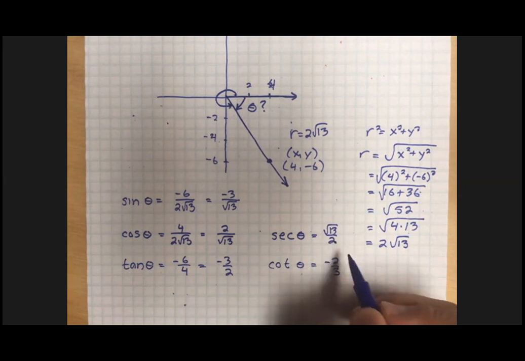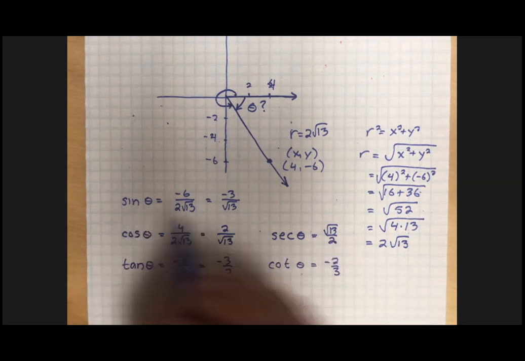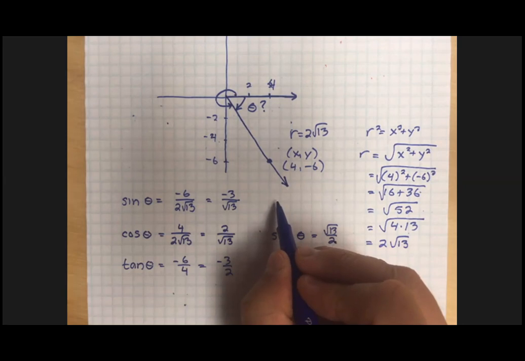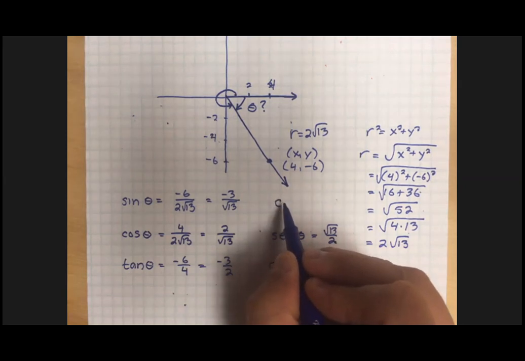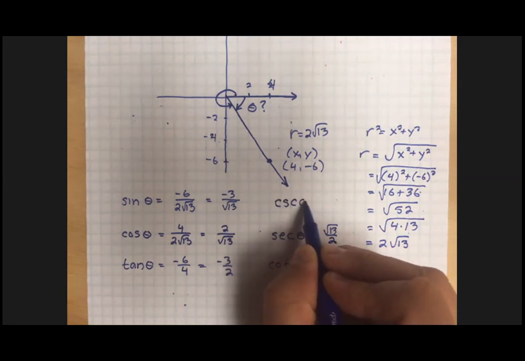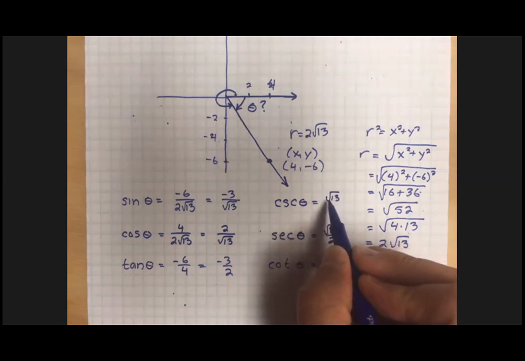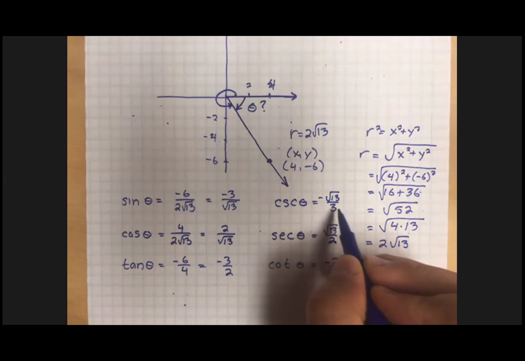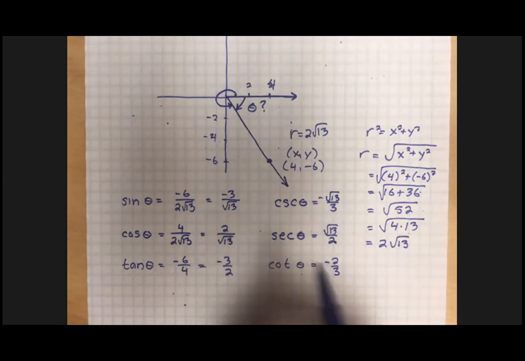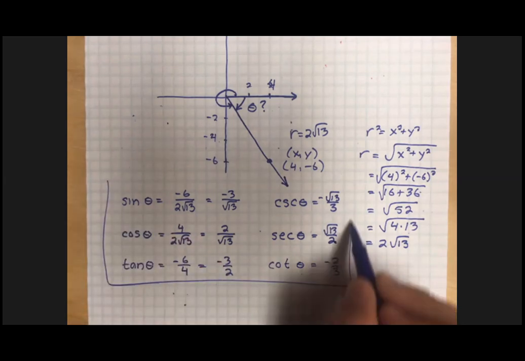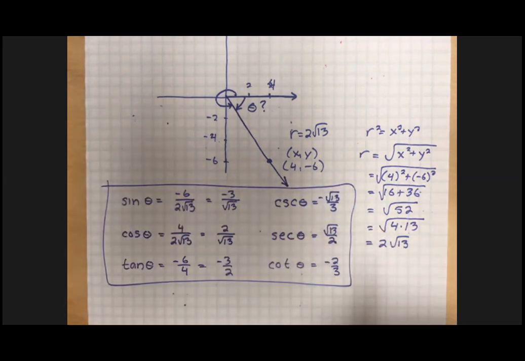The reciprocal partner of sine is cosecant, and that is minus root 13 over 3. The minus sign I either keep in front or on the top number. These are the 6 trigonometric values. I did not rationalize denominators. Maybe we'll do that in the next example.